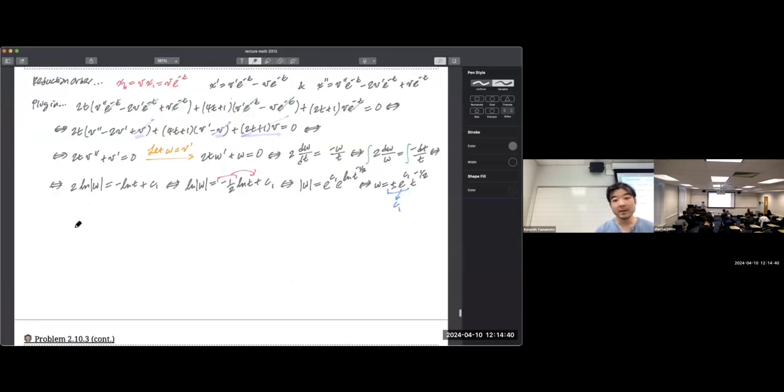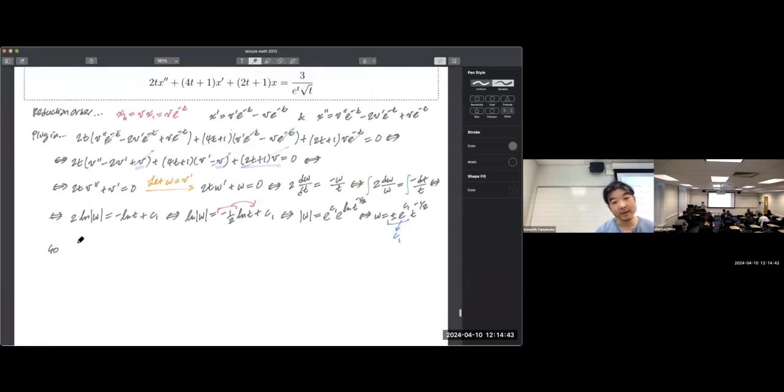Okay, so what does this mean? So what is w? w is v prime. So v prime is equal to c1 t to the negative 1/2. We integrate this to get v.